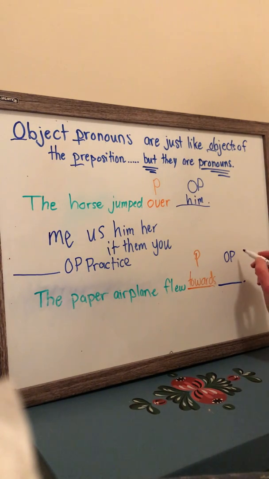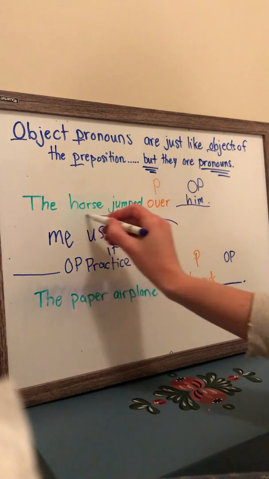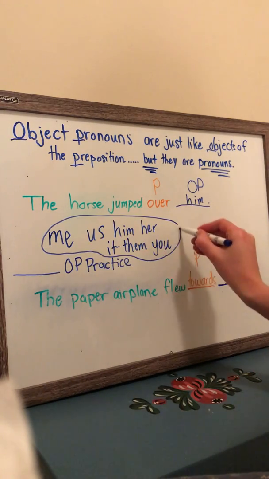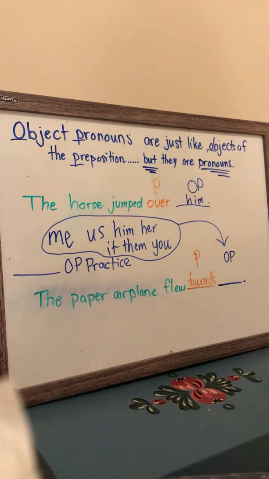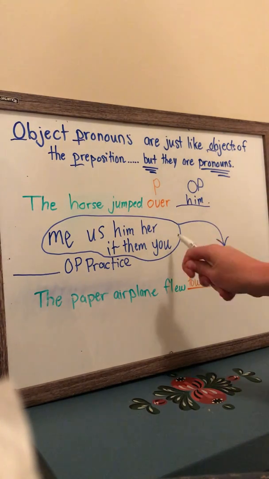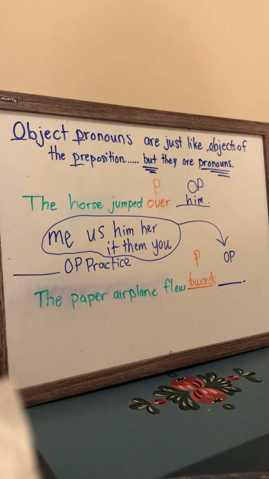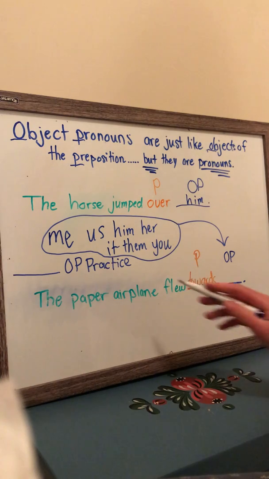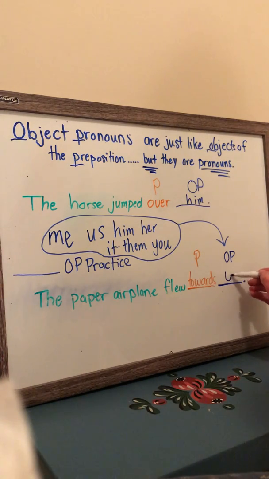I do want you to find an object pronoun here. So we're going to choose one of these words and fill in the blank. The paper airplane flew towards who? Or what? We could say it. Let's just say the paper airplane flew towards us.